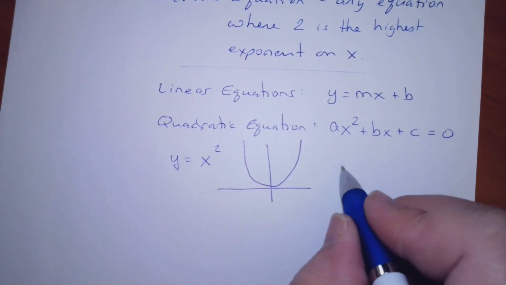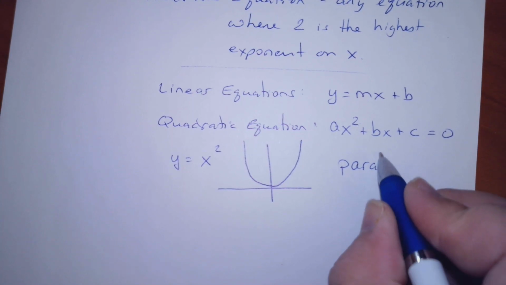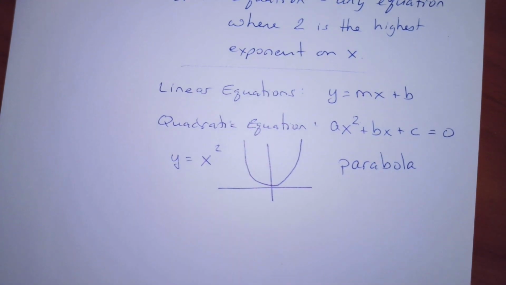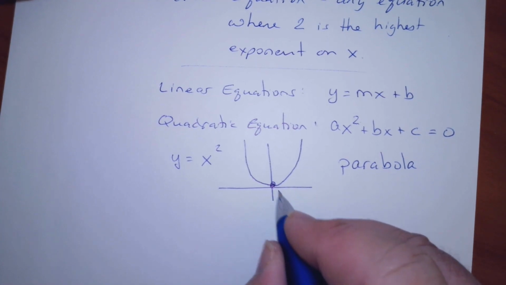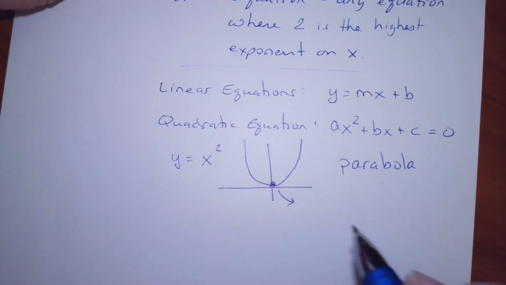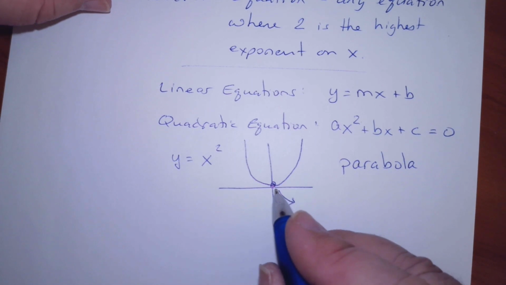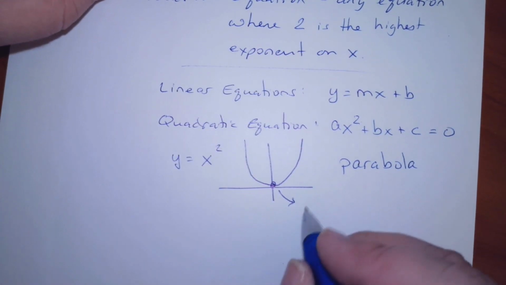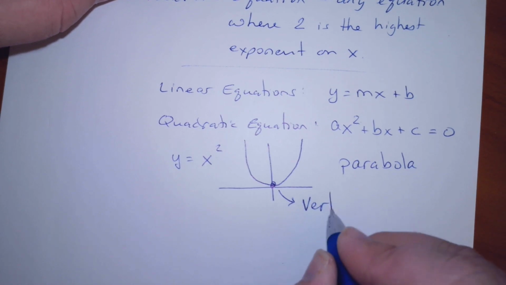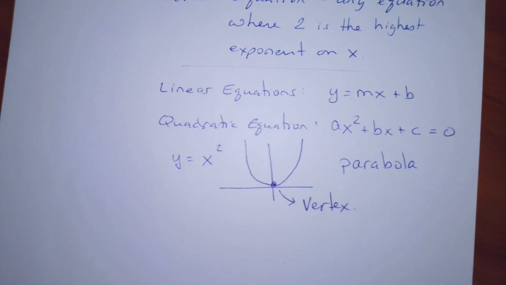It's a parabola. The number at the lowest point, or highest point of the graph, is called the vertex.